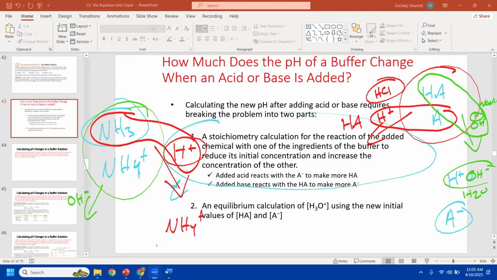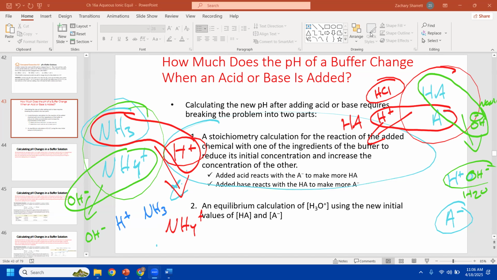No, Kayla? So the NH4 plus has an extra proton, right? When the OH minus reacts with this NH4 plus, this OH minus grabs one of the extra H pluses. NH4 plus, we can think of as NH3 and H plus combined to make NH4 plus. That is why it's a conjugate acid of the weak base. So it has that extra proton that's willing to be donated, which is the definition of an acid.